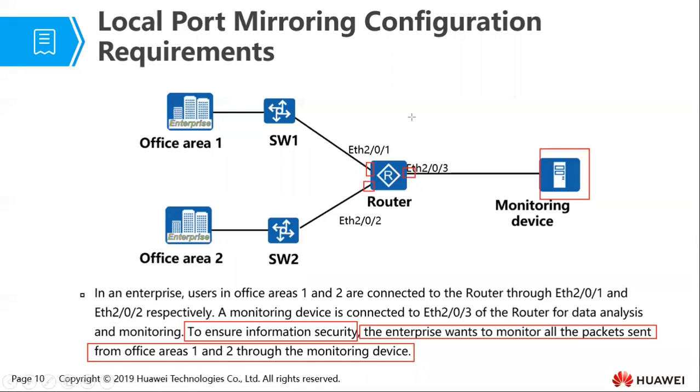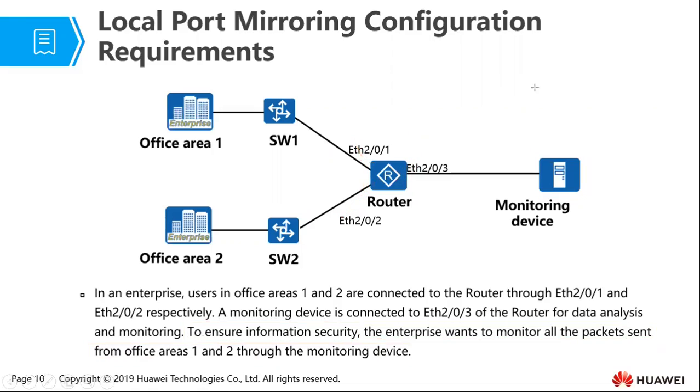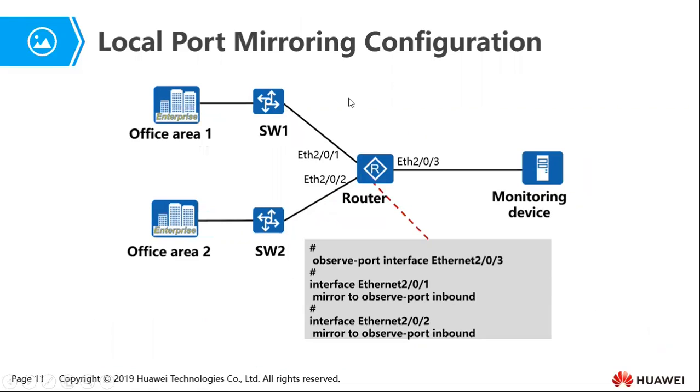The configuration roadmap is: we configure this as the observing port, then we configure this and this interface as the mirrored port. So how do we do that? The configuration is quite easy.